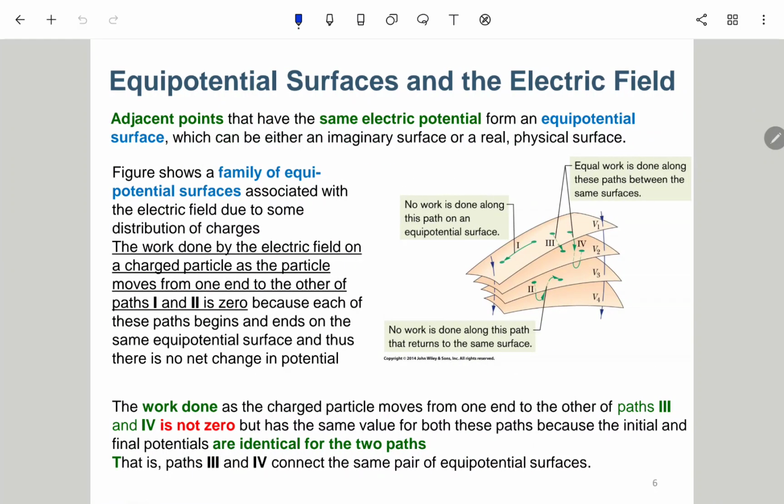Okay, so this is just a very simple sample problem. So let's move forward. And so here we will introduce the equipotential surface 叫做等电位面.